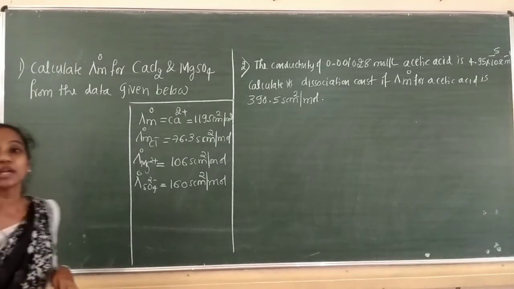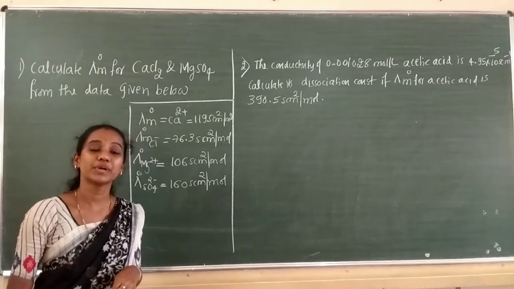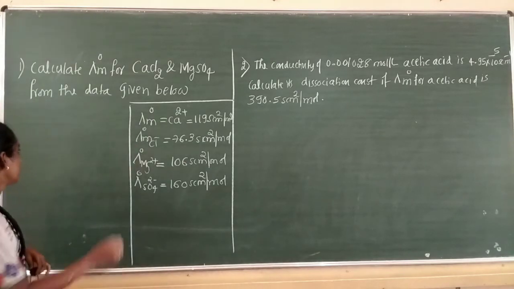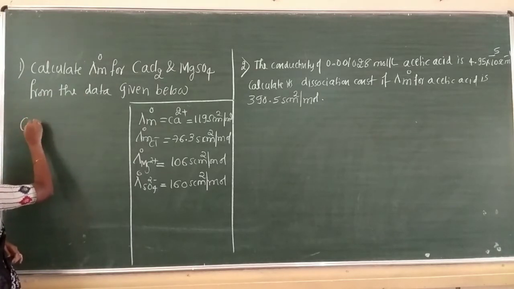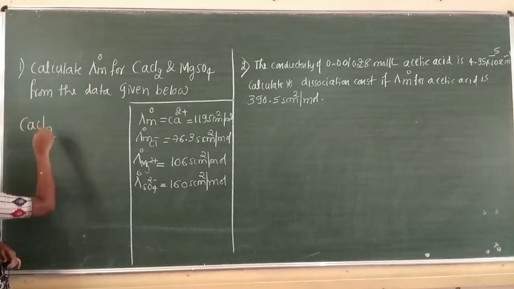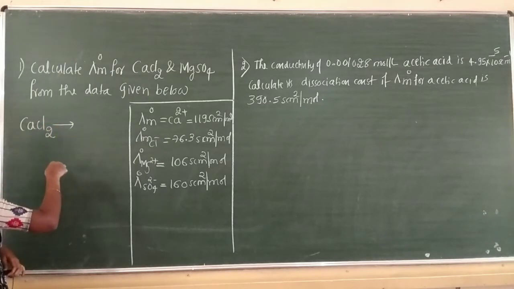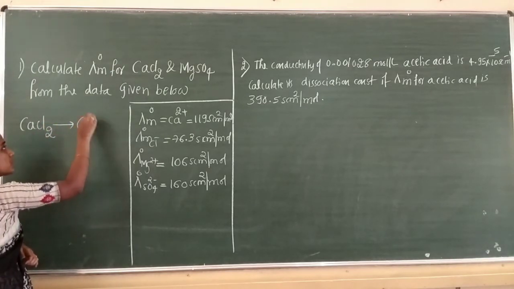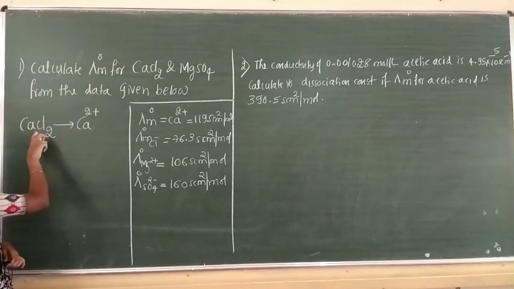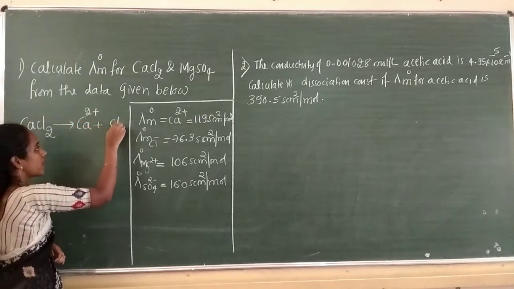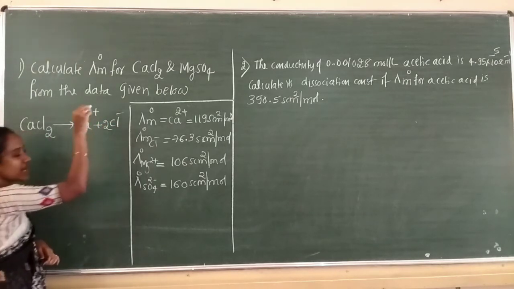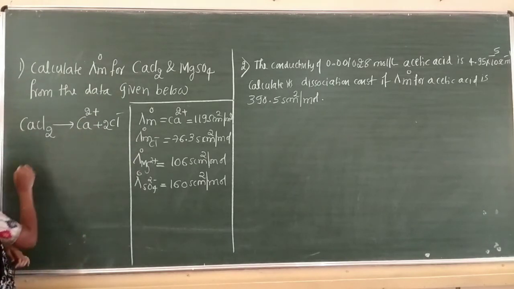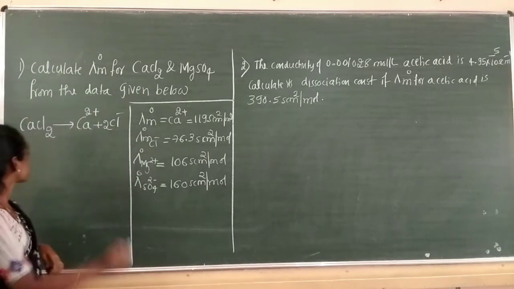Now let us calculate the limiting molar conductivity of calcium chloride. This can be calculated with the help of Kohlrausch law. So let us consider the first electrolyte, calcium chloride. It will undergo dissociation to produce calcium 2 plus ions and chloride ions. Here we need to balance the equation. There are 2 chlorine, so put 2 Cl minus. Now let us apply Kohlrausch law.